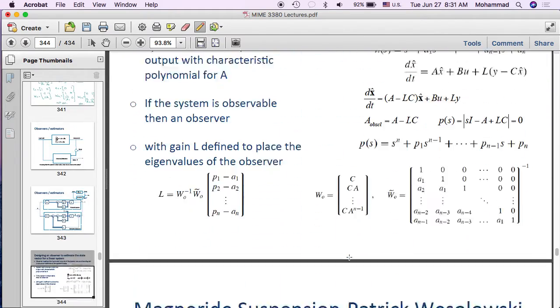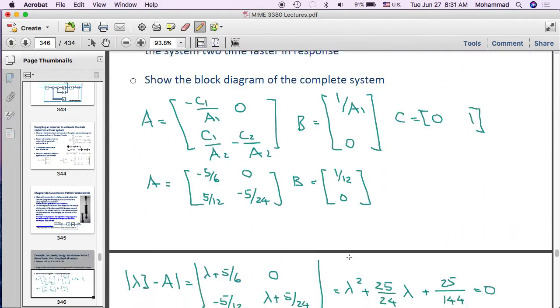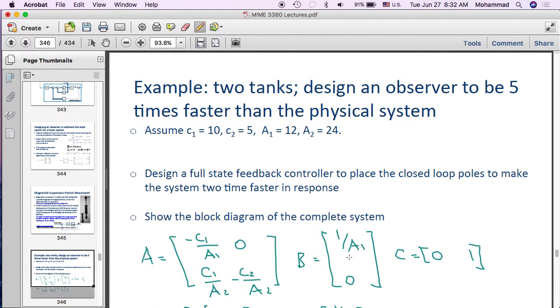So I know we have done quite a few full state feedback controllers, but let's do another practice. Design a full state feedback controller to place the closed loop poles to make the system 2 times faster in response. So we want the closed loop system to be twice as fast as the open loop system. I'll give you a minute to design the controller, and then we'll work together on it.